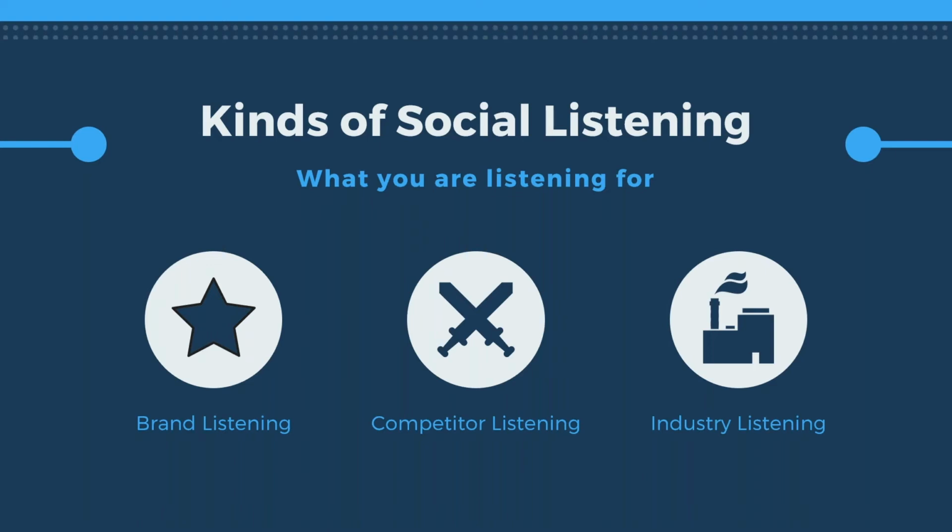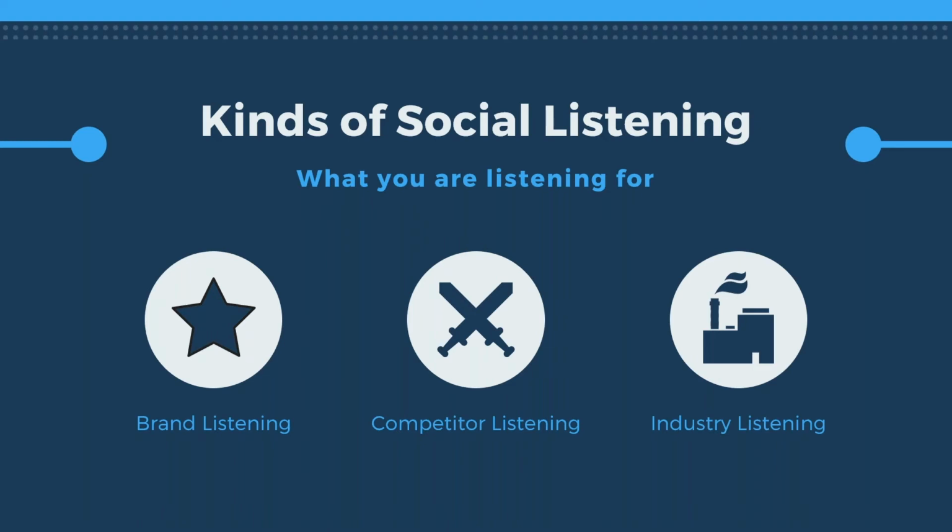And if you generally just want to listen on the thoughts and feedback of your customers in the industry, that would be industry listening. And each of these types of listening, we can do that in Social Studio with the topic profiles. And later on, I'll be showing you some general tips as well as how to build a topic profile in order to accommodate these types of listening.